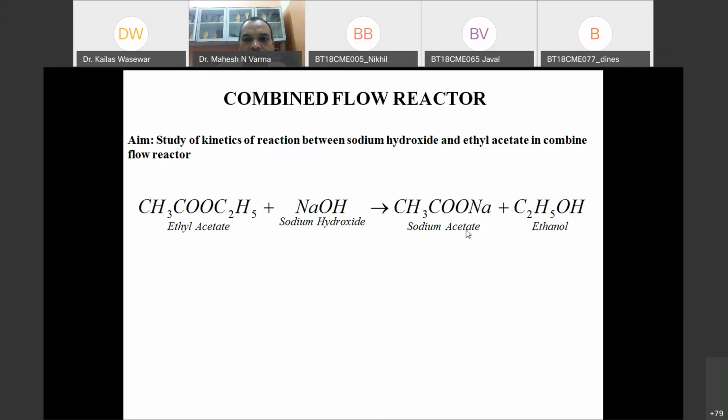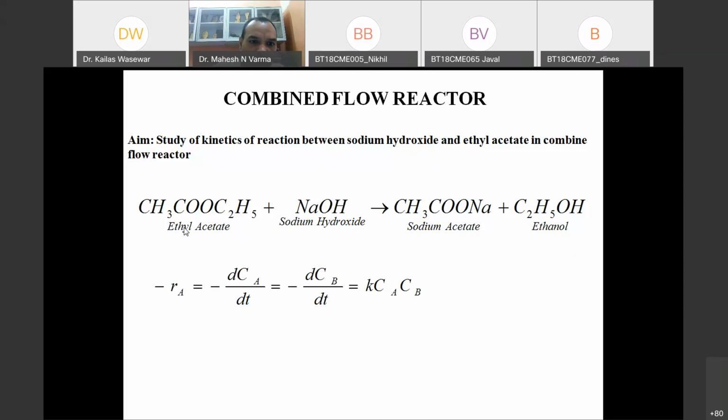It is giving sodium acetate, CH3COONa, and ethanol. So this is the reaction, and this is a non-catalytic reaction. If you just mix ethyl acetate and sodium hydroxide together, it will start reacting and give you sodium acetate and ethanol. So this reaction we are going to carry out in all our kinetics experiments.